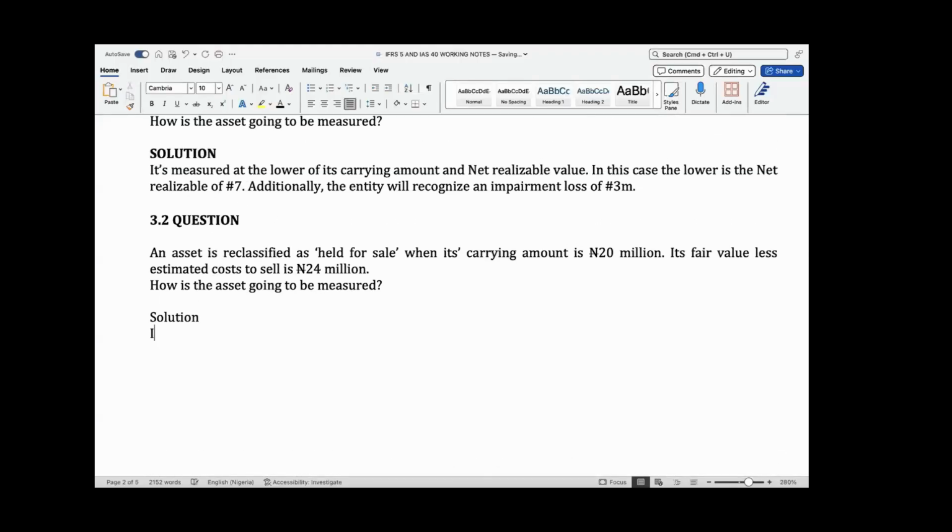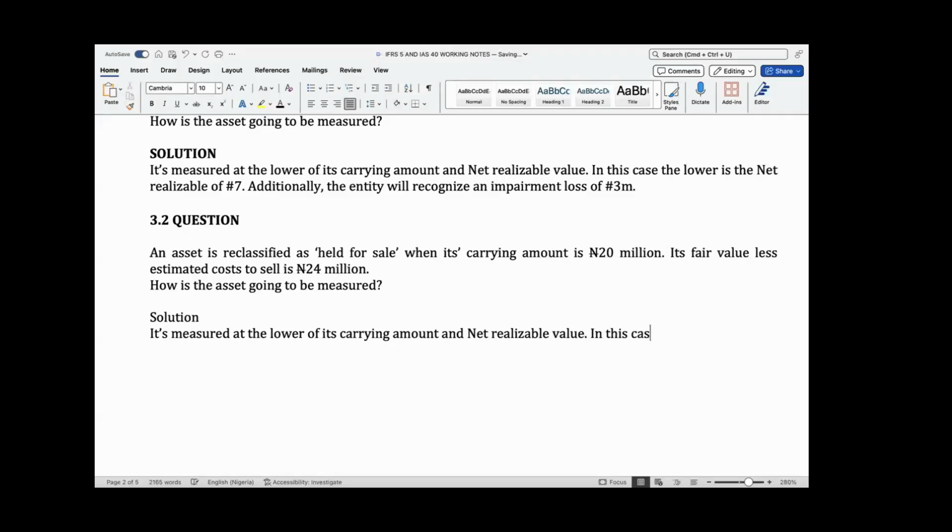It is measured at the lower of its carrying amount and net realizable value.